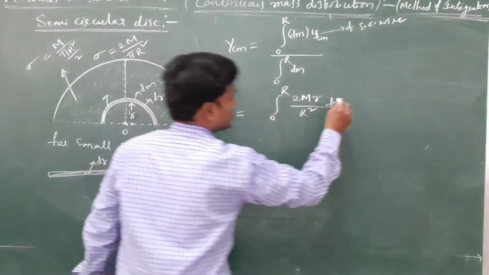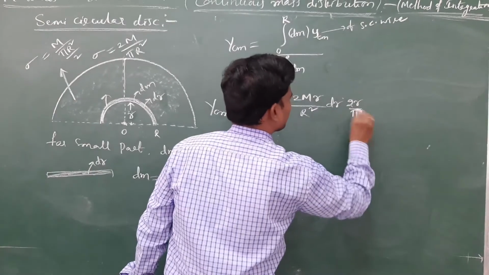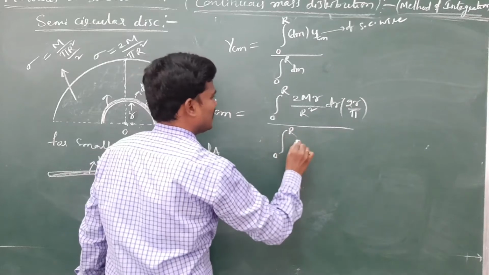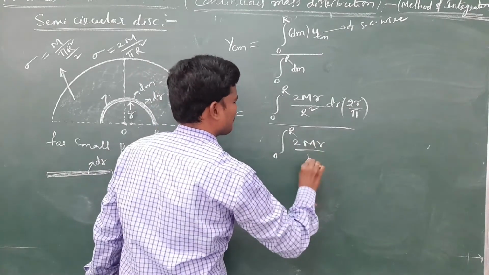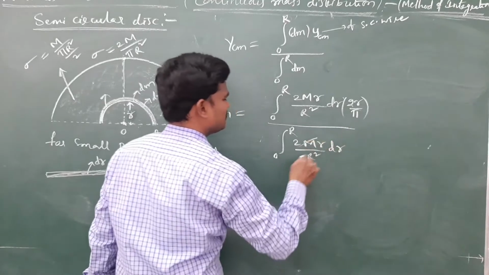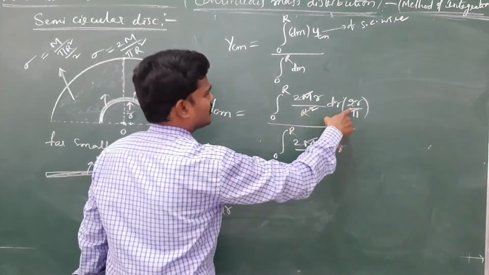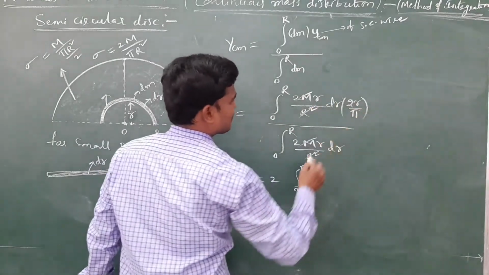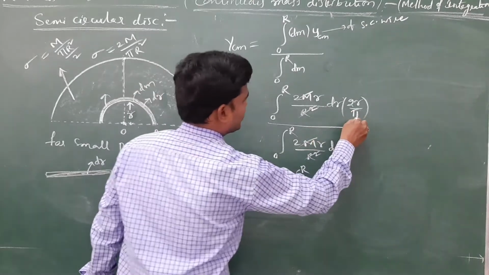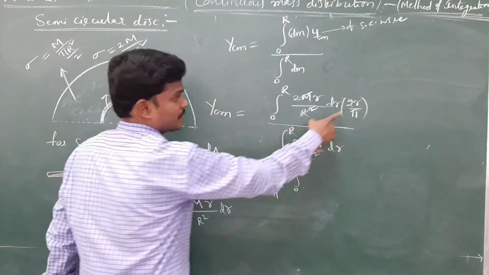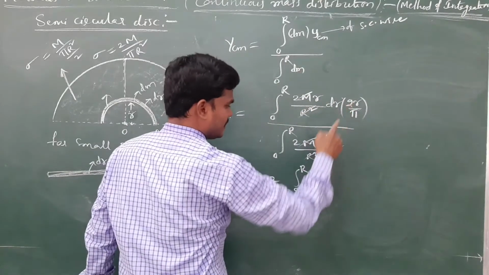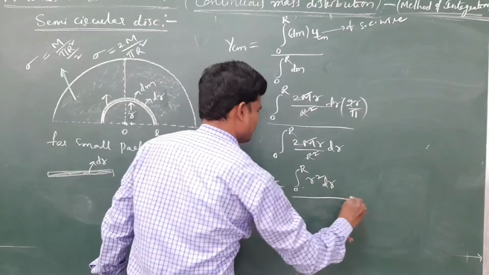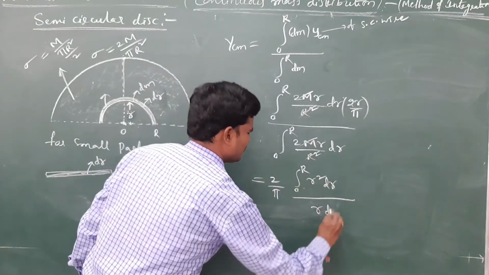So 2 small r by pi, and the integral from 0 to r of 2m r square dr. Here 2 will come in front, so do the integrations, 0 to r of r dr, and 2 by pi is taken out. Let me write one more step: r square dr, this one r dr.